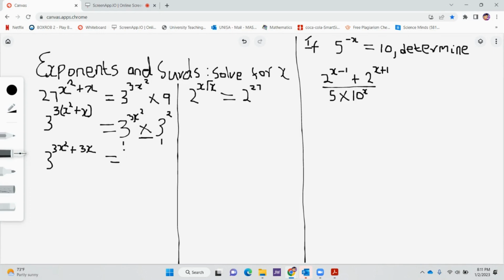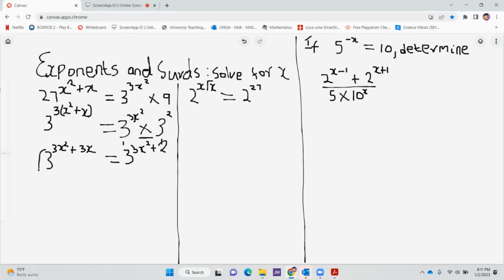Okay, so it's going to be 3 to the power of, the base is 3, then we have to add our exponents. So we're going to have 3x squared plus 2. That is a law of exponents. If two bases are the same with a multiplication in between, we add the exponents. So this is what we wanted.